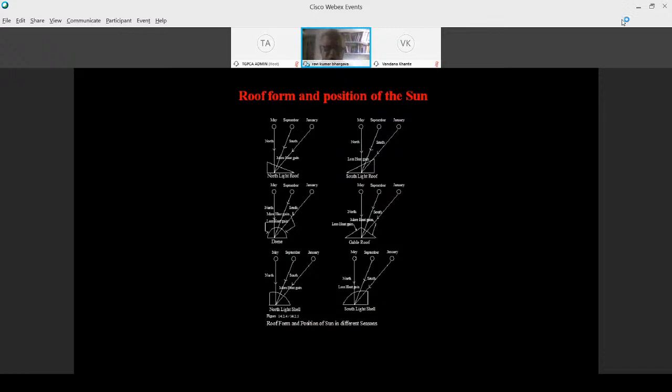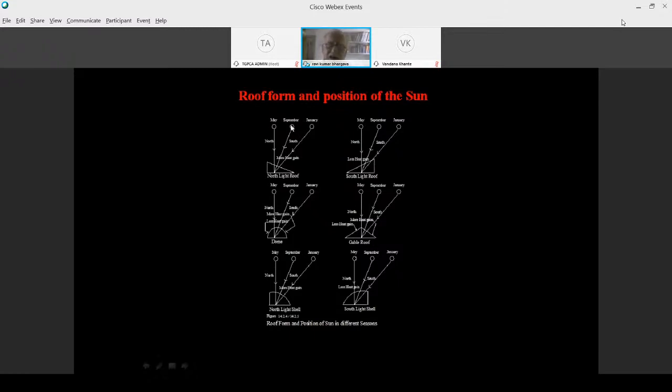So normally we adopt north light. But here if you study the position of the sun during May, in both cases, the solar altitude angle, and even the angle of solar incidence, will be the same, only the direction will be different.